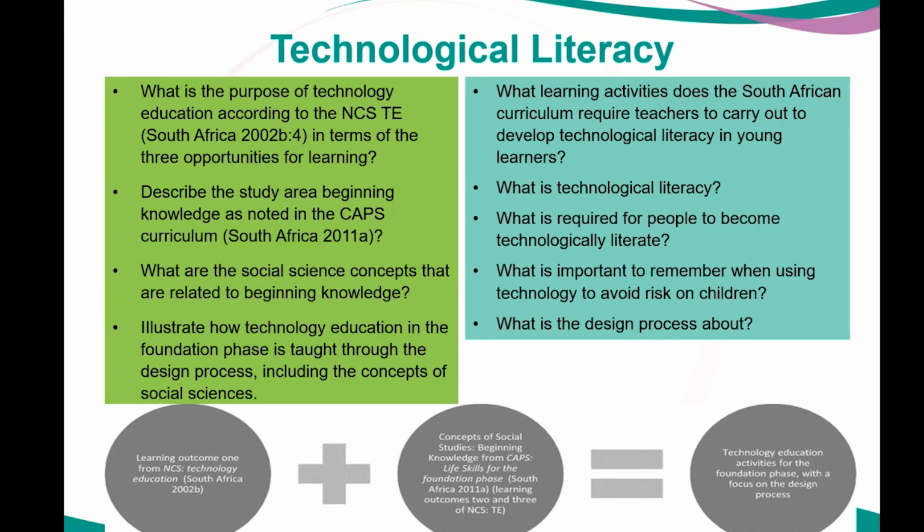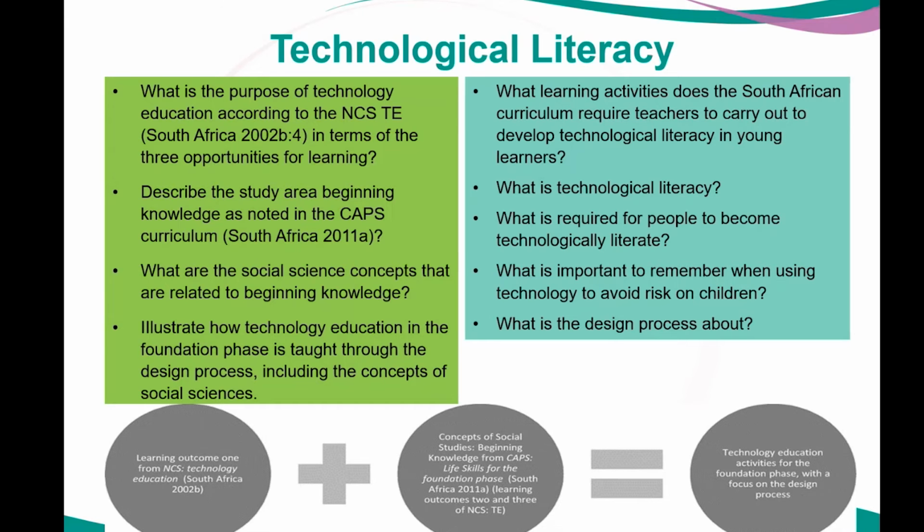So remember, this means now when you're looking at the diagram here on the presentation, you'll notice that it says learning outcome 1 from NCS technology education, plus the concepts of social studies, beginning knowledge from the CAPS life skills for foundation phase, plus outcomes 2 and 3 of NCS, equals the technology education activities for foundation phase with a focus on the design process.